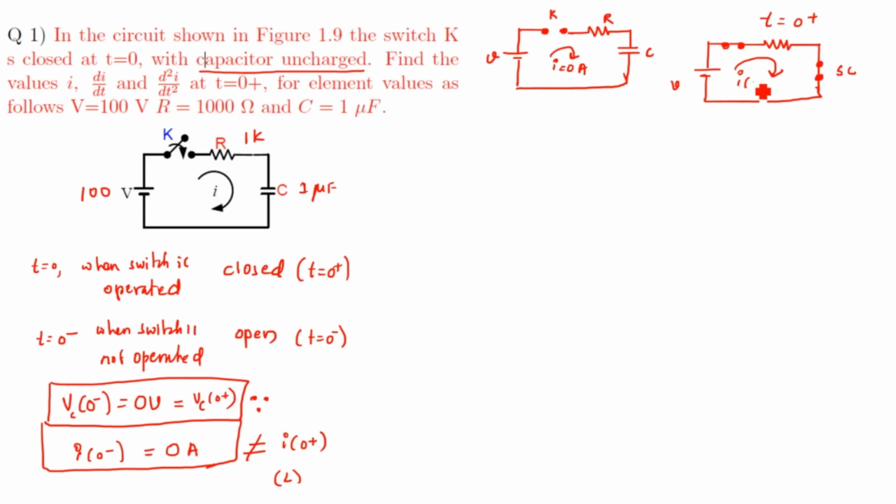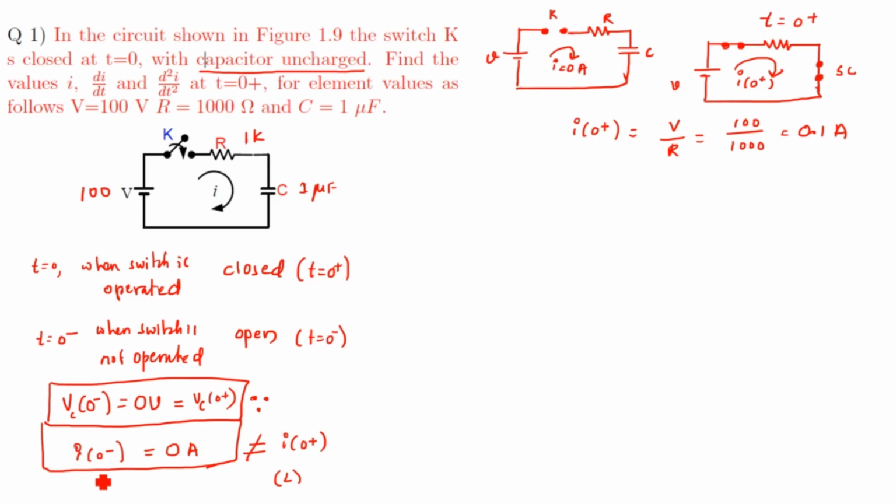This current is called I0 plus. So I0 plus equals voltage divided by resistor. Voltage in this case is 100, divided by the resistor, 1000, that is equal to 0.1 amperes.